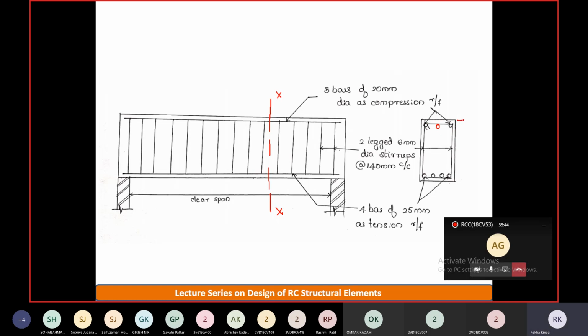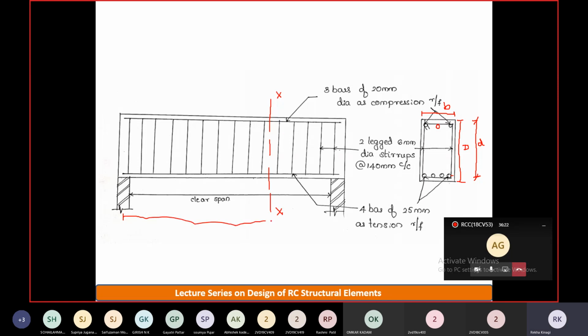So here we can show the overall depth, that is capital D. You can just write the value for this, and even we can show the value of effective depth from the center point of the tension reinforcement to the topmost compressive fiber. This is referred to as the effective depth, and breadth can be shown as B. And we can even show the effective span.